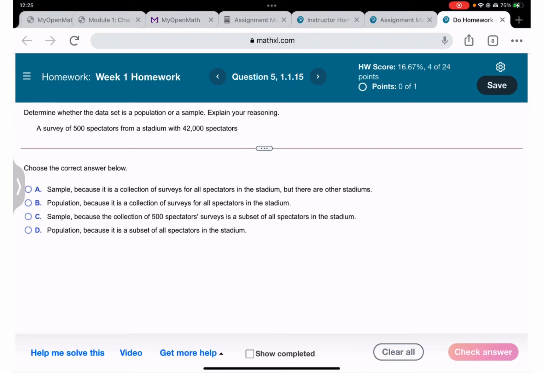That means 500 is a sample, 42,000 is a population, right? So it's going to be sample. We have two versions here, A and C. I think it's C, sample because the collection of 500 spectators surveyed is a subset of all spectators in the stadium. C.